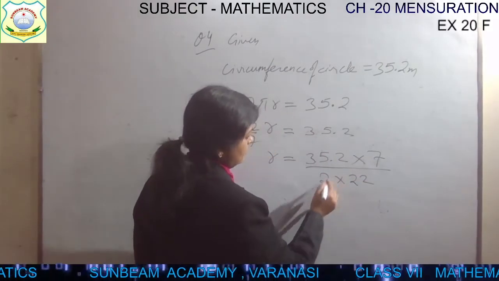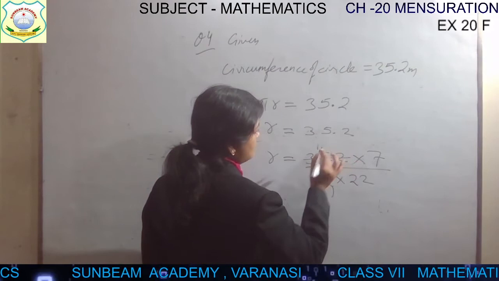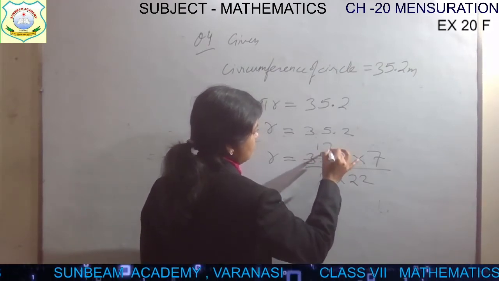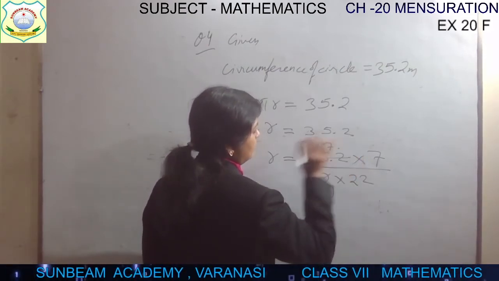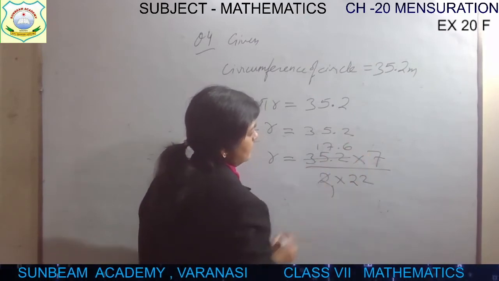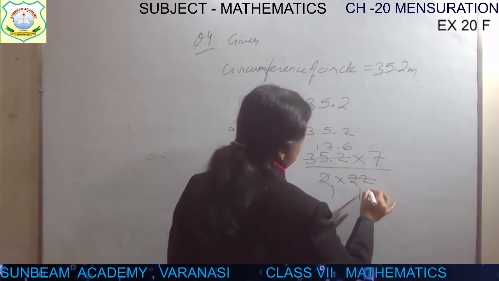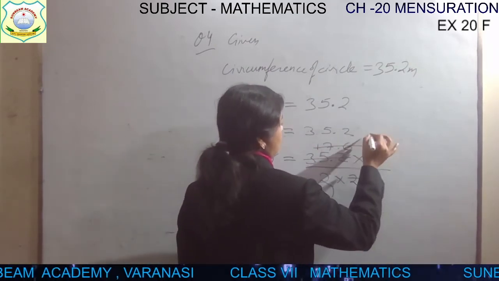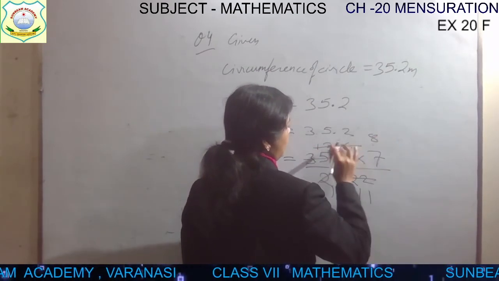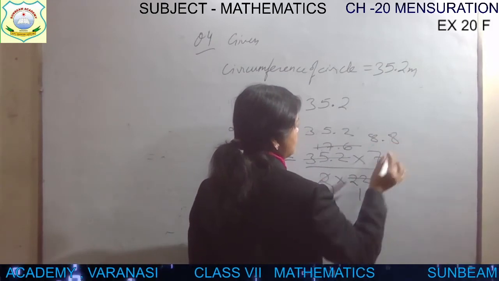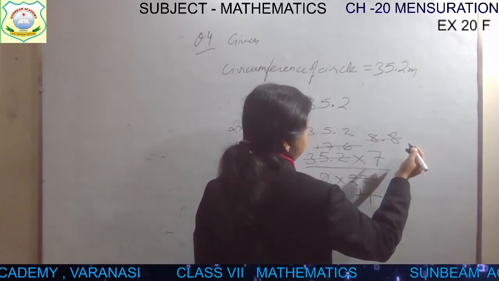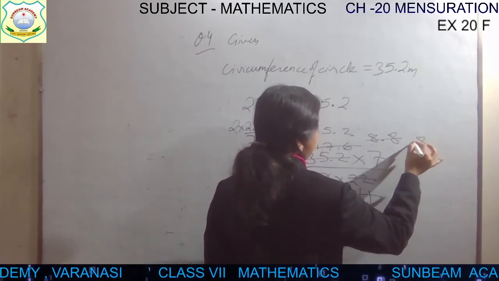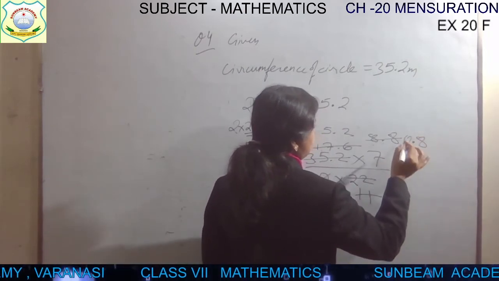Now children, 2 ones are 2, 2 ones are 2, 1 is left. 2 sevens are 14, again 1 is left, but a decimal will come. 2 sixes are 12. Now again, 2 ones are 2, so we can cancel out. 2 eights are 16, and 1 is left. So 2 eights are 16, and this is 11, 8 is 88, but the decimal point will be there. So this will be 0.8.